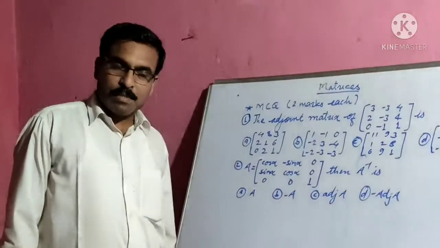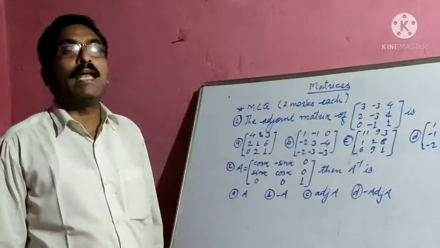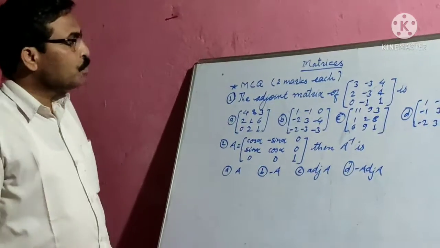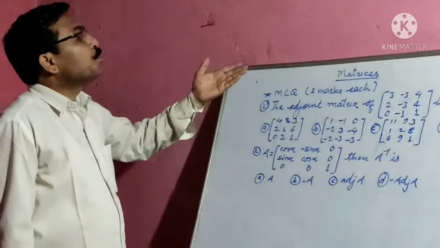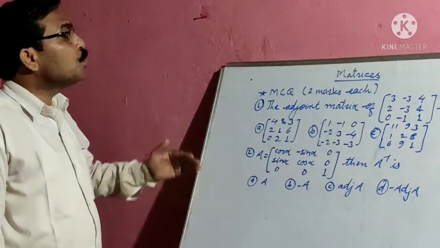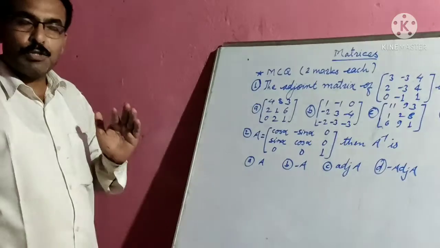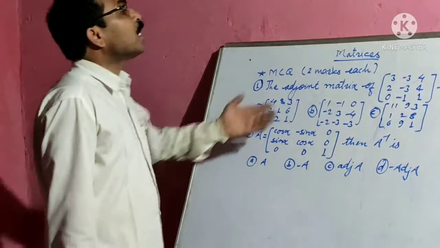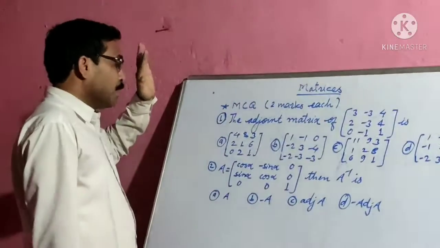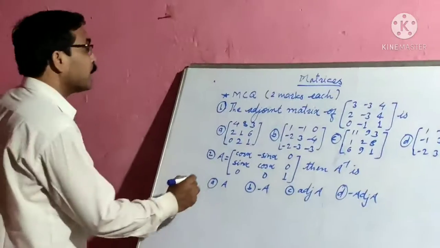But that method is very lengthy and time consuming. So in order to find solutions of MCQ type questions, we should know some shortcut methods. Now let us learn how to find adjoint of this matrix by a shortcut method.